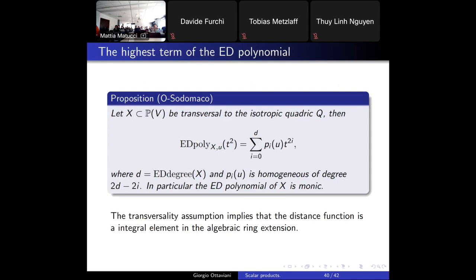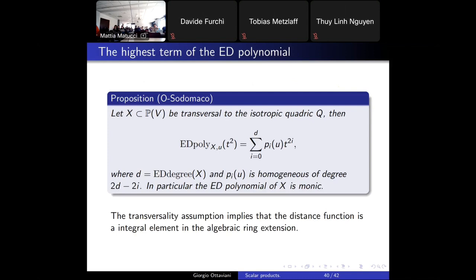These are the last results that were obtained in his thesis by Luca Sodomaco some years ago. I remember the discussion was just when COVID was, when the pandemic was arriving.